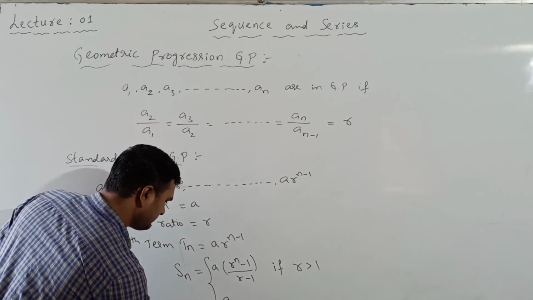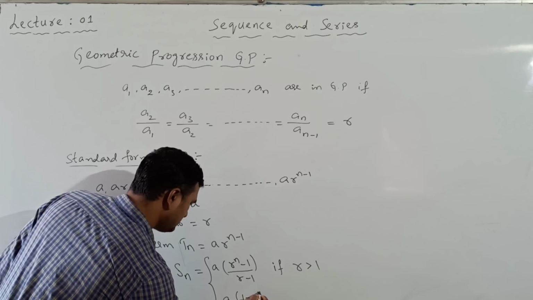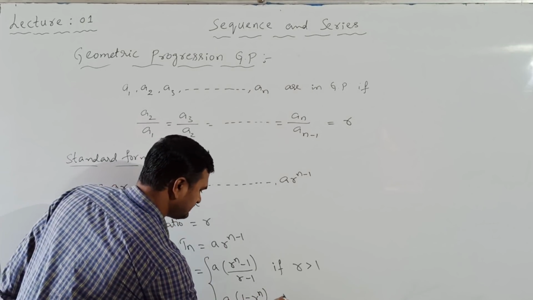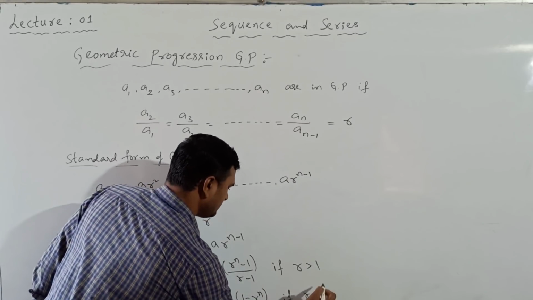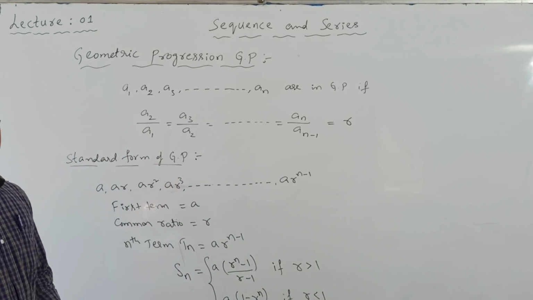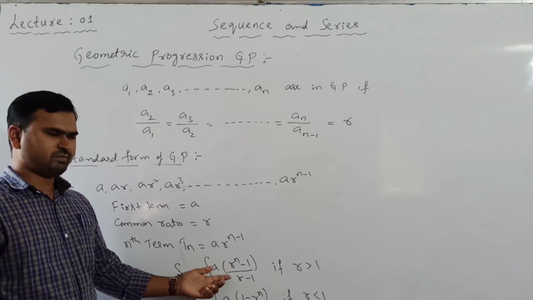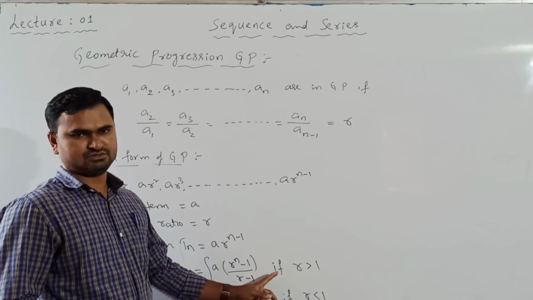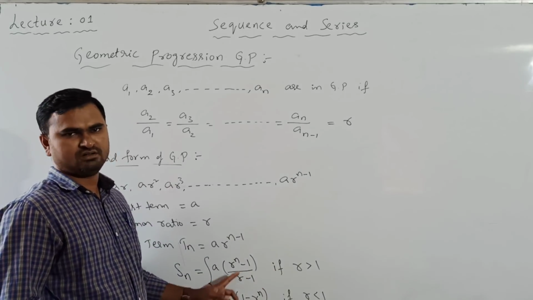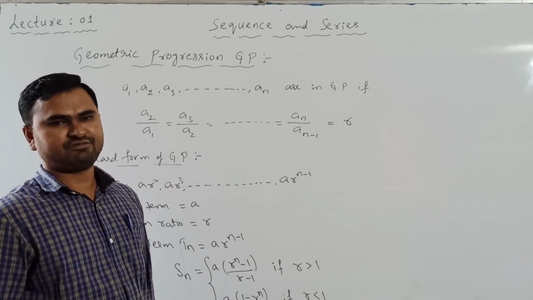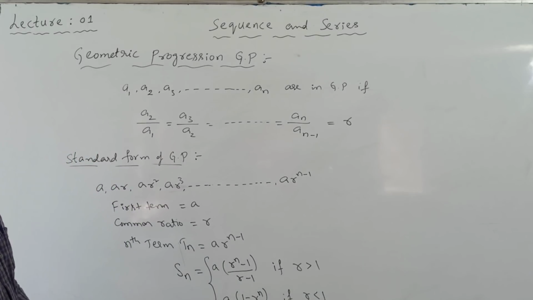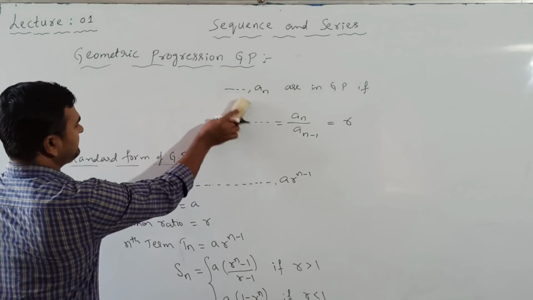If r is less than 1, the formula is a into (1 minus r power n) divided by (1 minus r). So depending on the r value, whether it is more than 1 or less than 1, we use these two formulas for finding the sum of n terms of the geometric progression. These formulas we already know.